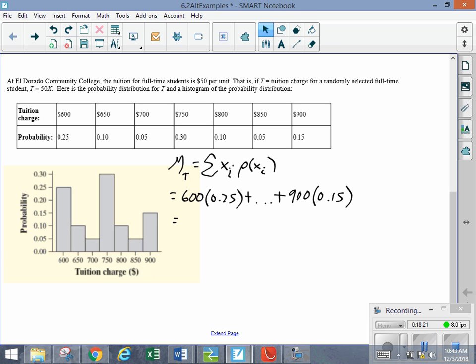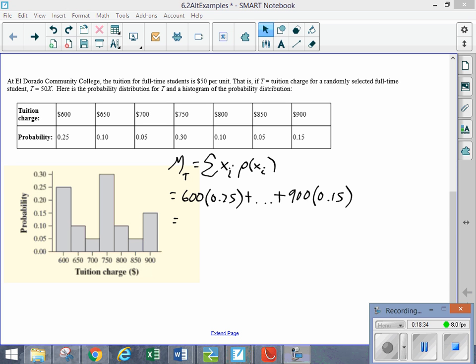And we have a rule that tells us that I don't actually have to calculate all that stuff out, right? I can just multiply it by that value.